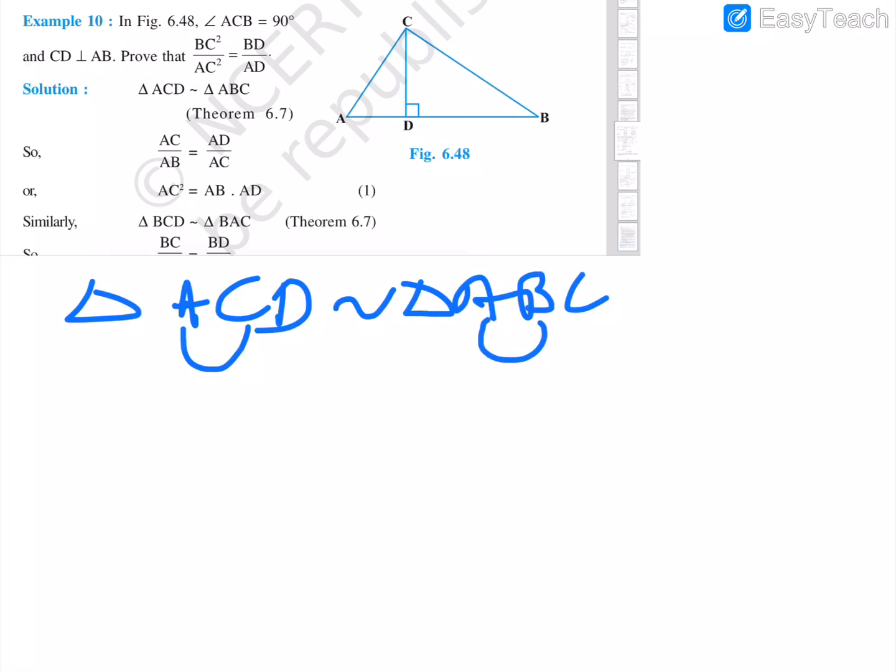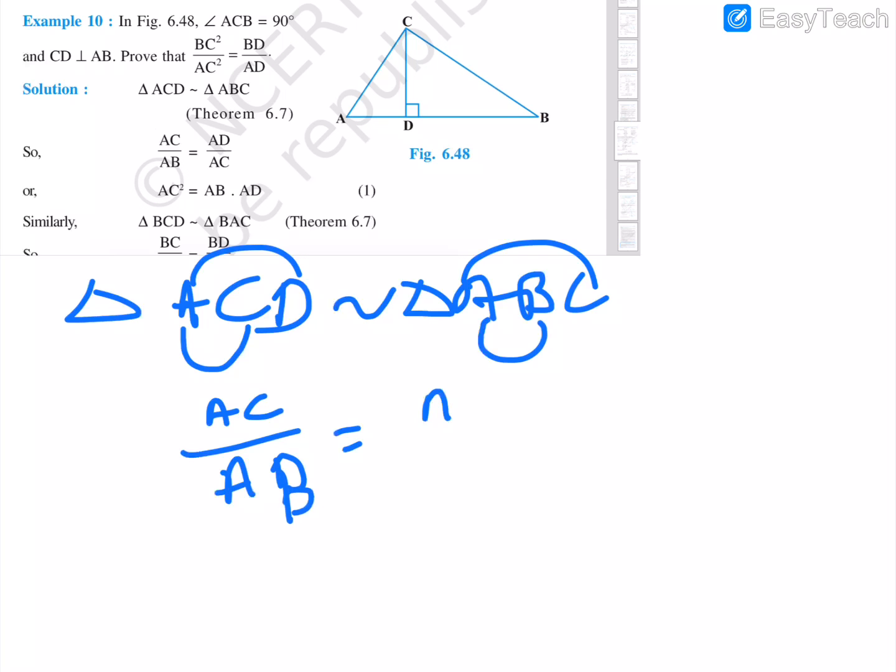AC by AB is equal to AC by AD. So AC by AD is equal to AC by AB is equal to AD by AC.